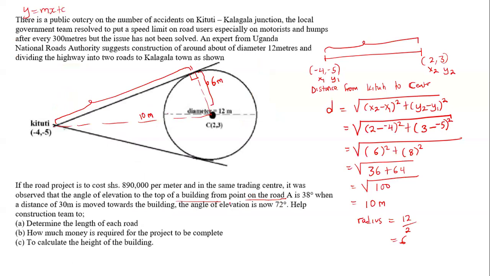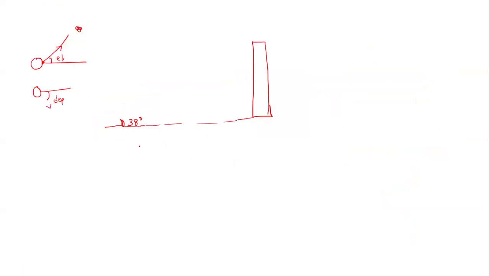Now they told you that when a distance of 30 meters is moved towards the building, the angle of elevation is now 72. So this was the first one. Now, let me say this is where person A is.